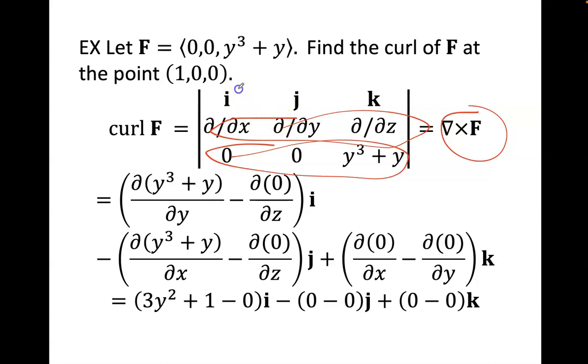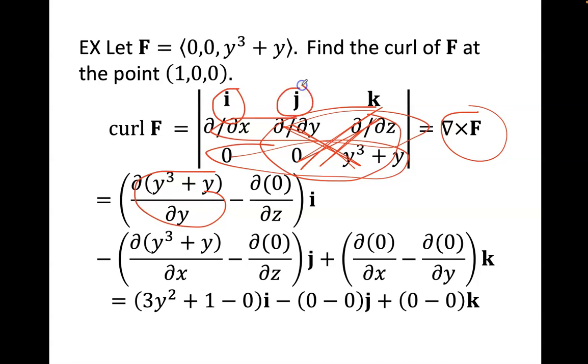It's this determinant. So it's going to be i times this determinant, which is the partial derivative of y cubed plus y with respect to y, minus the partial derivative of 0 with respect to z, times i. And then minus j times this partial derivative of y cubed plus y with respect to x, minus the partial derivative of 0 with respect to z, plus k times this determinant.